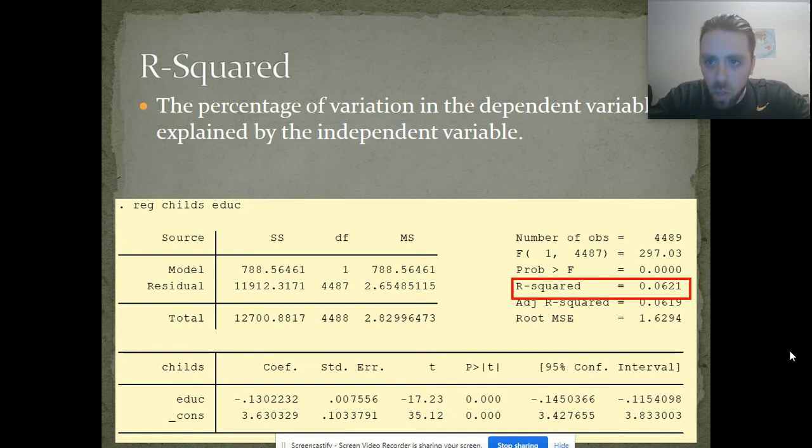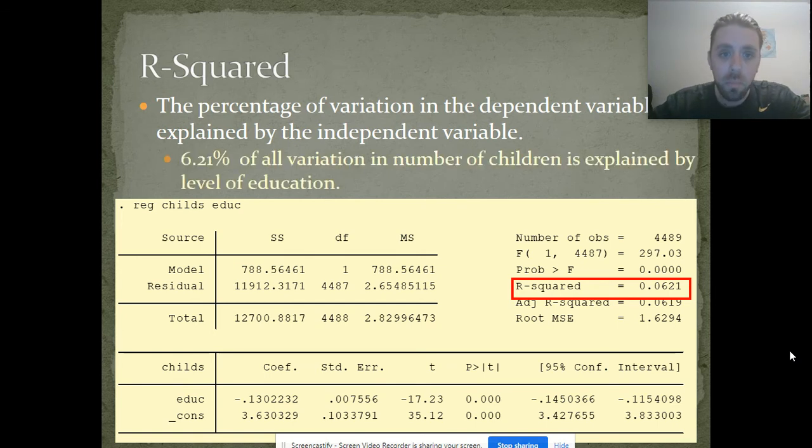So if you're asked to interpret the R squared, here's how I would do that. I see that 0.0621, that should be understood as a percentage. So we move the decimal point twice and it becomes 6.21% of all variation in number of children is explained by level of education. And that's what you're responsible for.